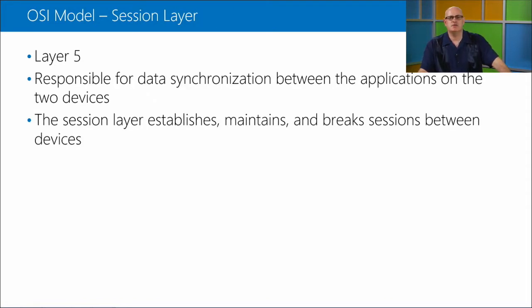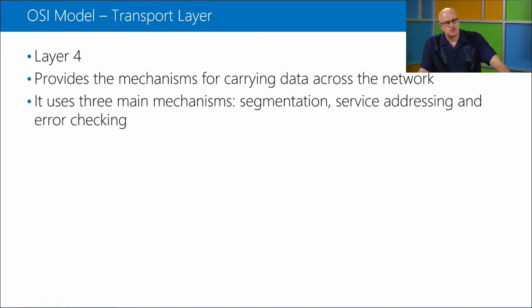This is responsible for data synchronization between the applications on the devices. The session layer establishes, manages, and breaks sessions between devices. The transport layer provides a mechanism for transferring or carrying data across the network.